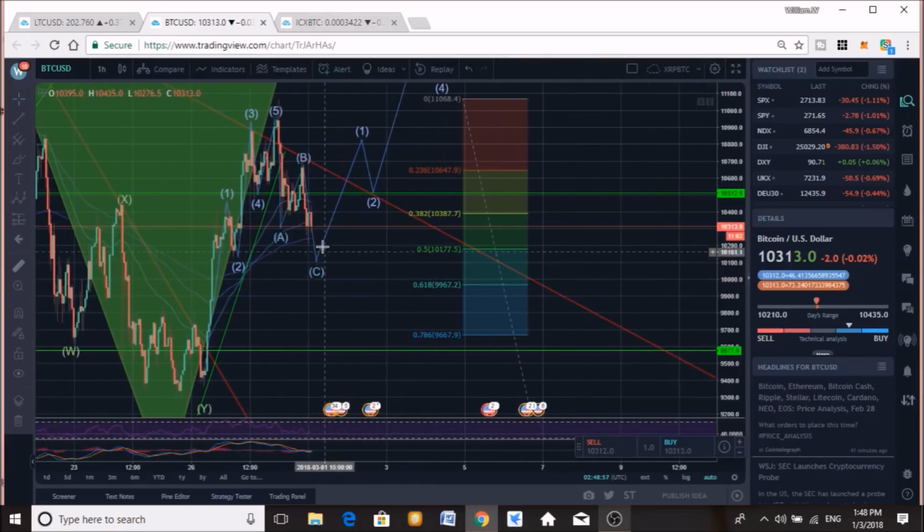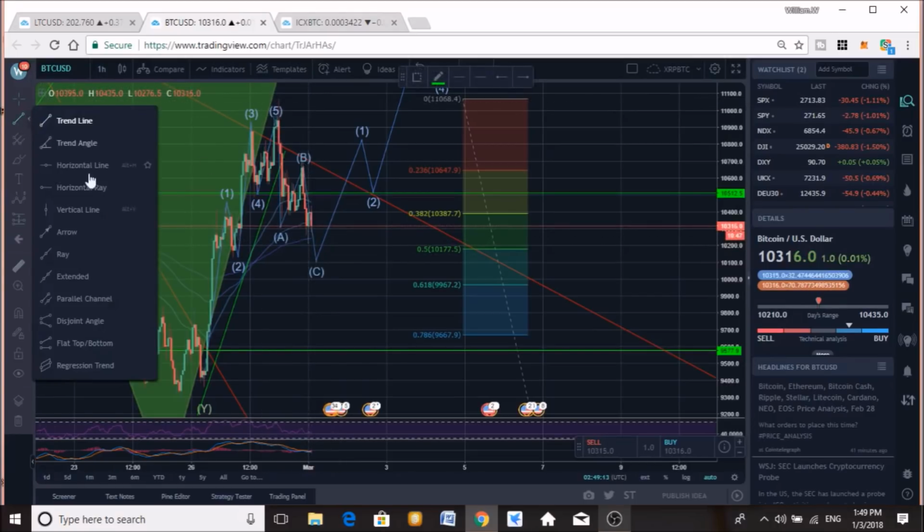But to me, most likely, what I think is going to happen is after we have an ABC correction, it's going to turn into a WXY correction. So basically, as you can see, I can draw a downtrend here.